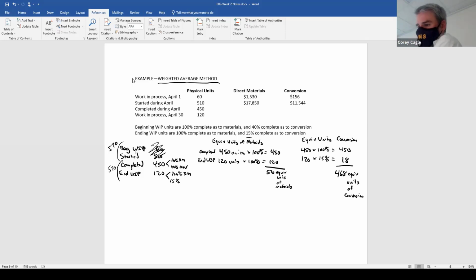So step 1, I laid it out for myself here. And then step 2, I'm looking over here and saying 450 units times 100%, 120 units times 100% for materials. For labor, 450 times 100%, 120 times 15%. That's our step 2. We've restated our physical units in terms of, with the work I did, equivalently, here's what I finished.